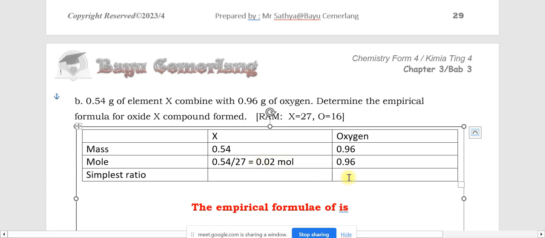And this one 0.96 divided by 16, 0.06 mole.